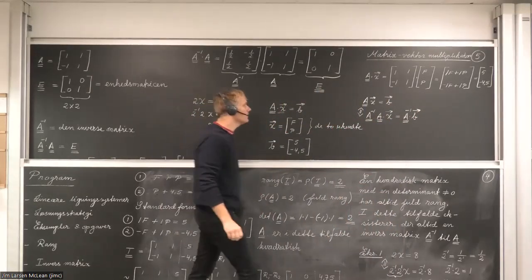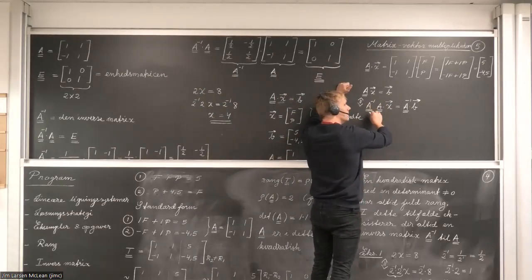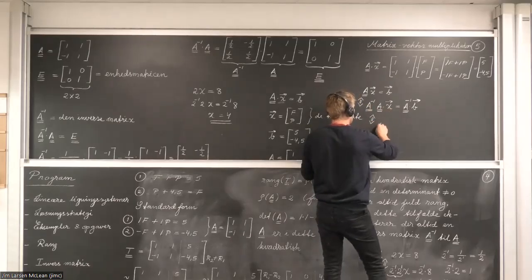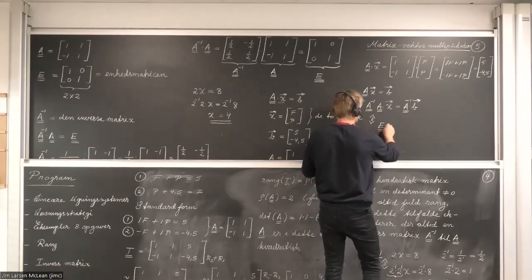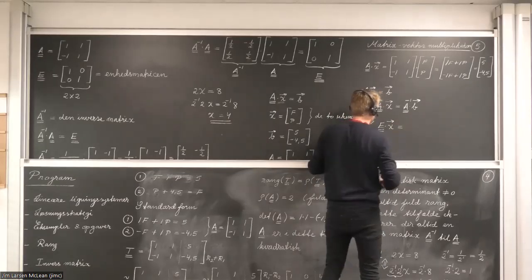And what is really clever is that we already know what this will deliver. That gives us the identity matrix. So this can be written as the identity matrix times X.